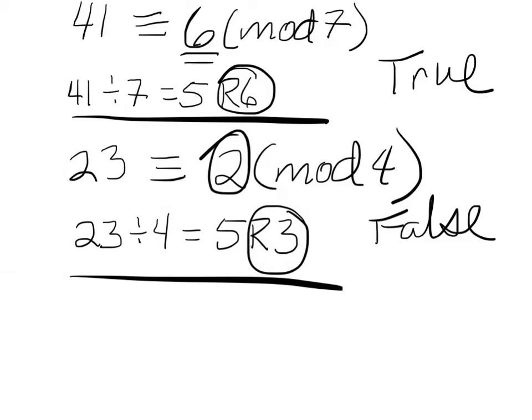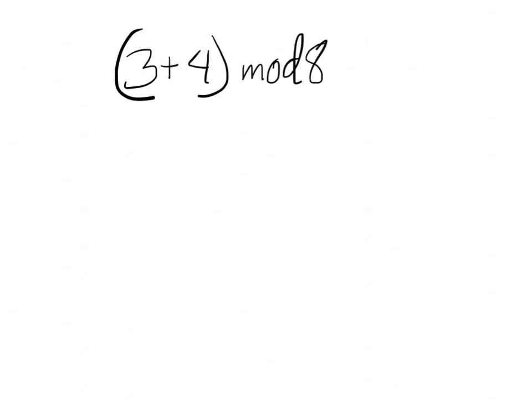And now you know why, so make sure you don't just answer true or false, but you show why when you do this. Now the next thing you want to do is be able to add things together. So what if I had 3 plus 4 mod 8? What's that equal to? Well, that's equal to 7 mod 8.